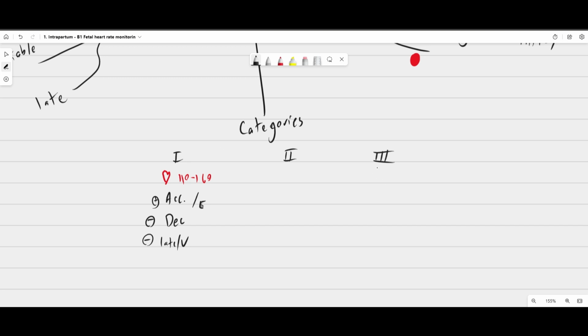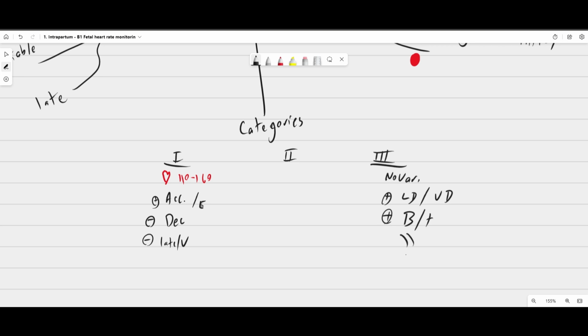So with the 3, on the other hand, imagine completely opposite. So heart rate's outside, we have no variability. We have yes for late decels, variable decels. There's positive or questionable bradycardias or tachycardias.